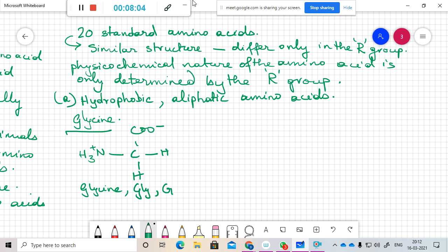Then the next amino acid is alanine. This R group changes. You have H, and here instead of H you have CH3.